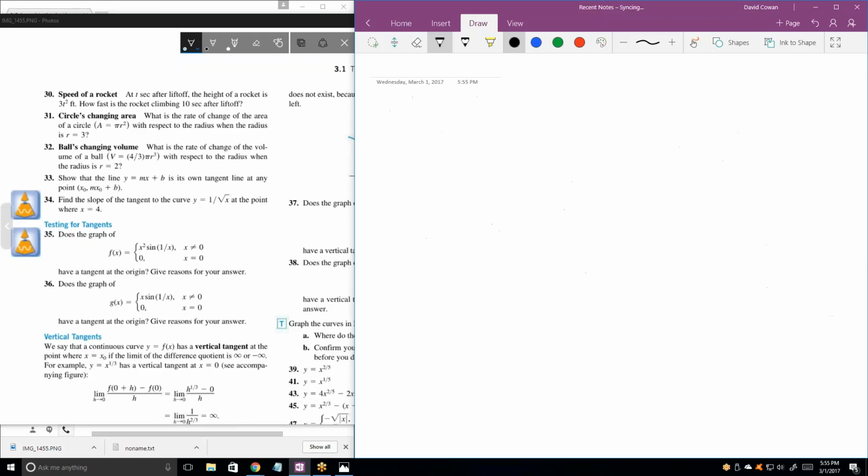Okay. Let's try to do 31 because it's a little different. Here we have the area is pi r squared of a circle. And they want to know what the rate of change of the area is with respect to the radius.